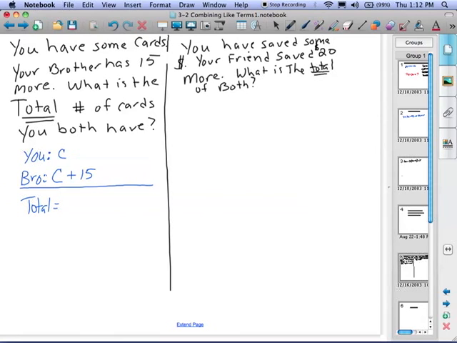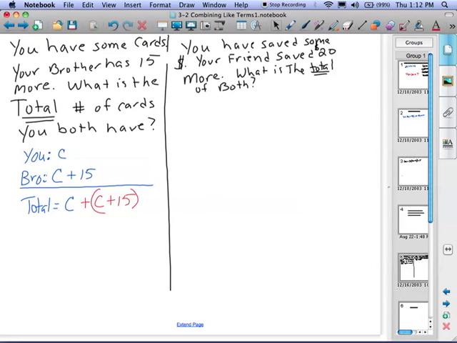To find the total number of cards you both have, we have to add what you have to what he has. So that would be C, the first C, and then to that C, your total, we're going to add your brother's. So we have C plus 15. That'll give us the total number of cards.